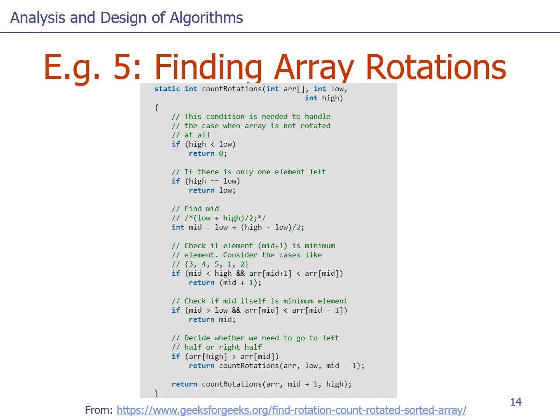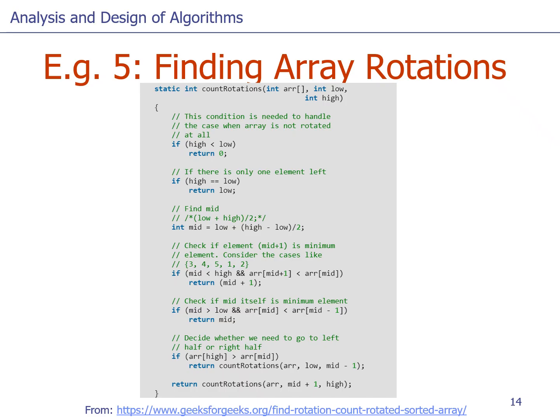So I want to check if this mid is less than the number before it, that's array of mid minus 1. So I want to check that 1 is less than 4. If that's the case, then I will return mid, because this will be the minimum. As we said, the minimum is the only number, when we do rotations, where the number before it is greater than it. So 4 is before it, and this is the check I'm doing here.